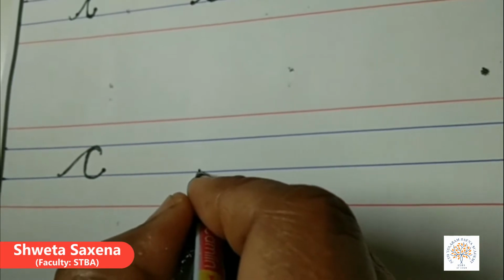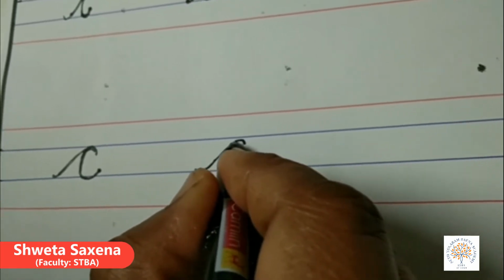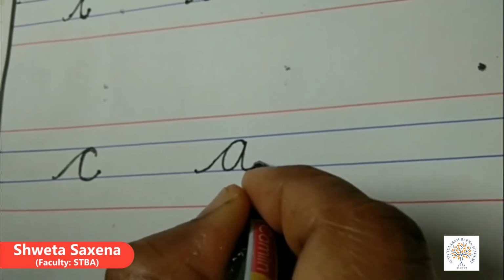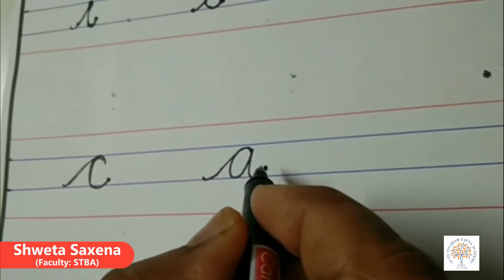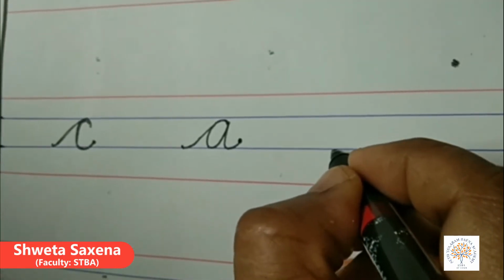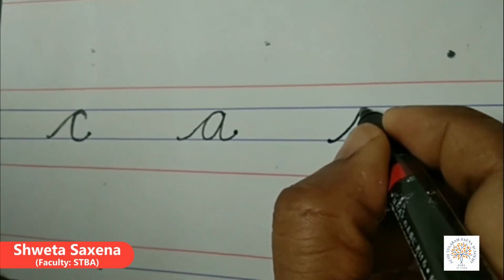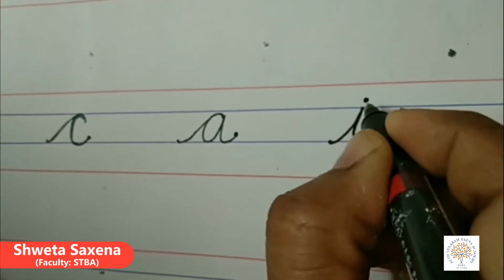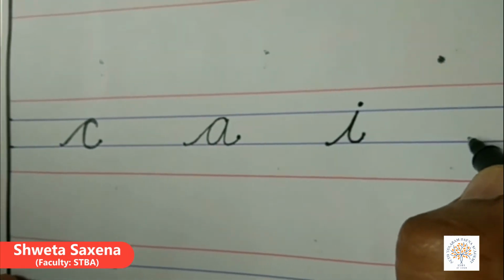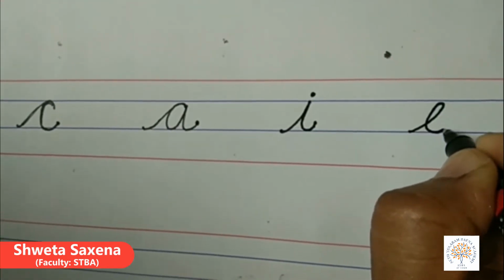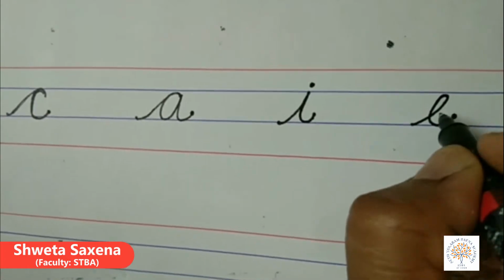Letter A. Cursive A. I. Cursive I. E. Cursive E.